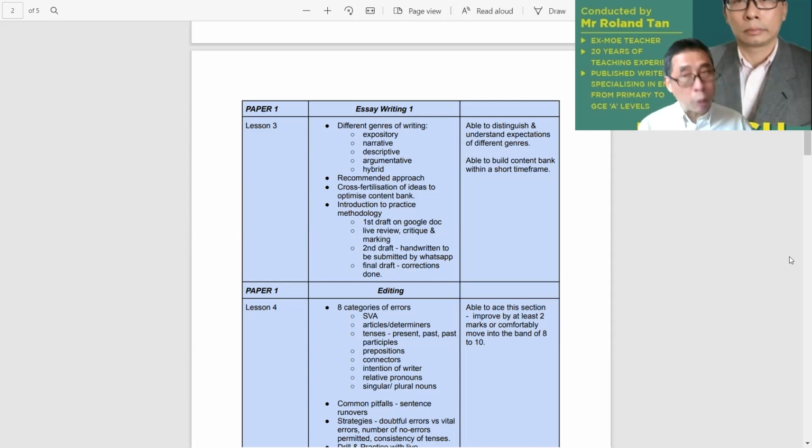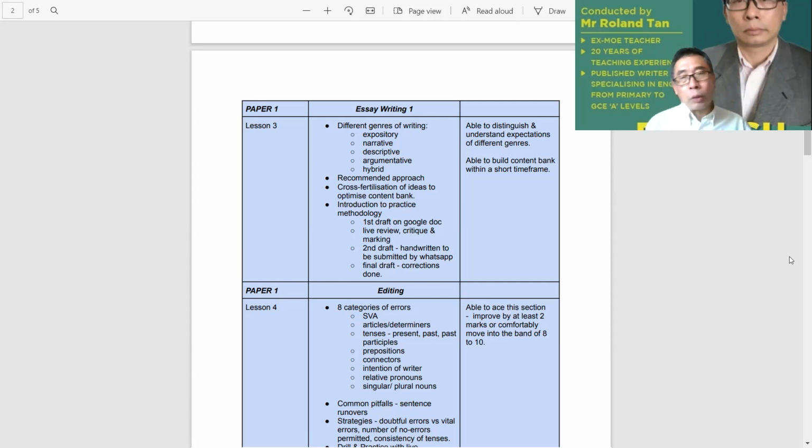The last is probably the most important for you to take note. In recent years, I have noticed that most topics are trending towards a hybrid between expository and narrative, or expository versus descriptive. So being able to distinguish and understand the expectations of the different genres is your takeaway.